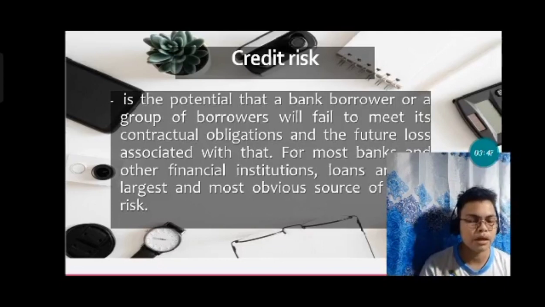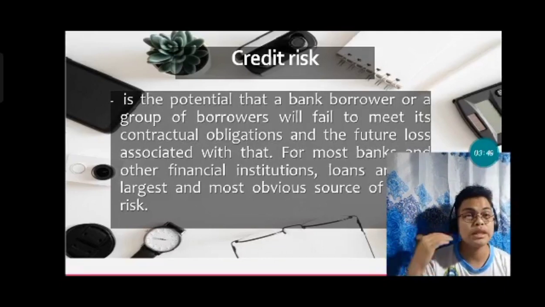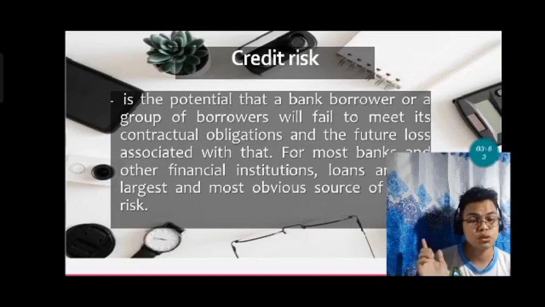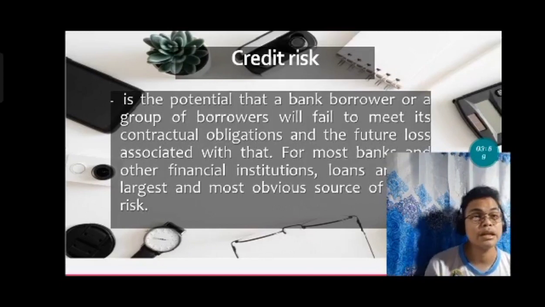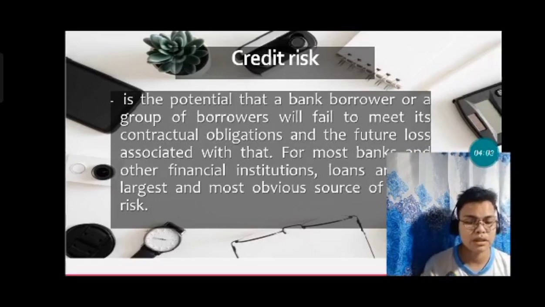As a lender, you are tasked to assess and manage credit risk to lessen the severity of loss. And in credit risk, we are also going to determine, as a lender, the credit score. A credit score is an indicator that lenders use to assess how likely you are to default.